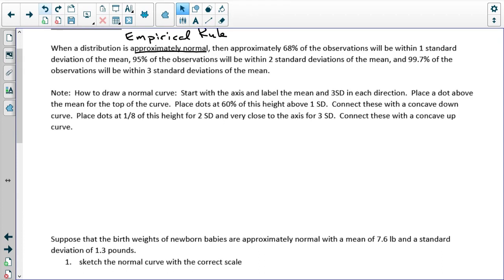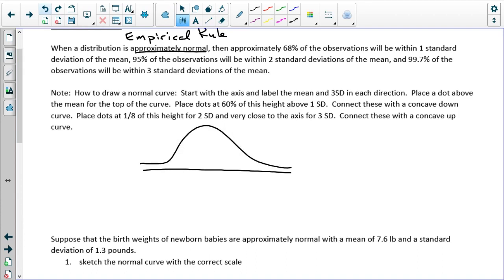What if I want something between 2 standard deviations to the left and 1 standard deviation to the right? So here's the mean, 2 standard deviations to the left, 1 standard deviation to the right. If I want to find this region, here's what I know.